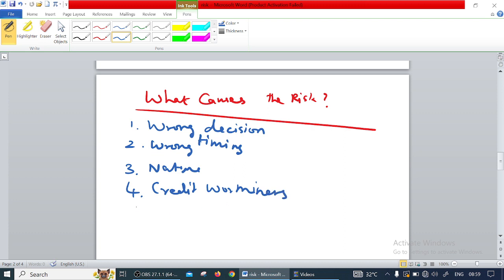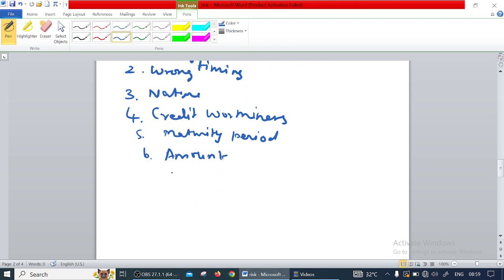Then maturity period is another important factor that we want to look at. Amount of investment, how much we are going to invest. Then method of investment, collateral or not, terms of investment or terms of lending. Then nature of the industry, the business in which the company is operating.